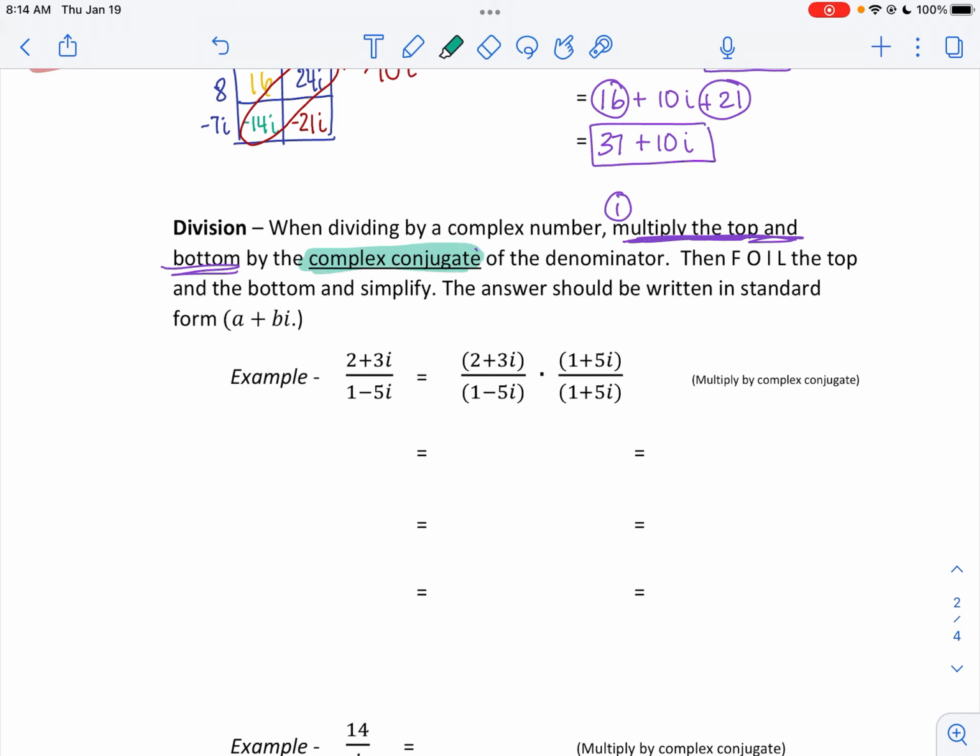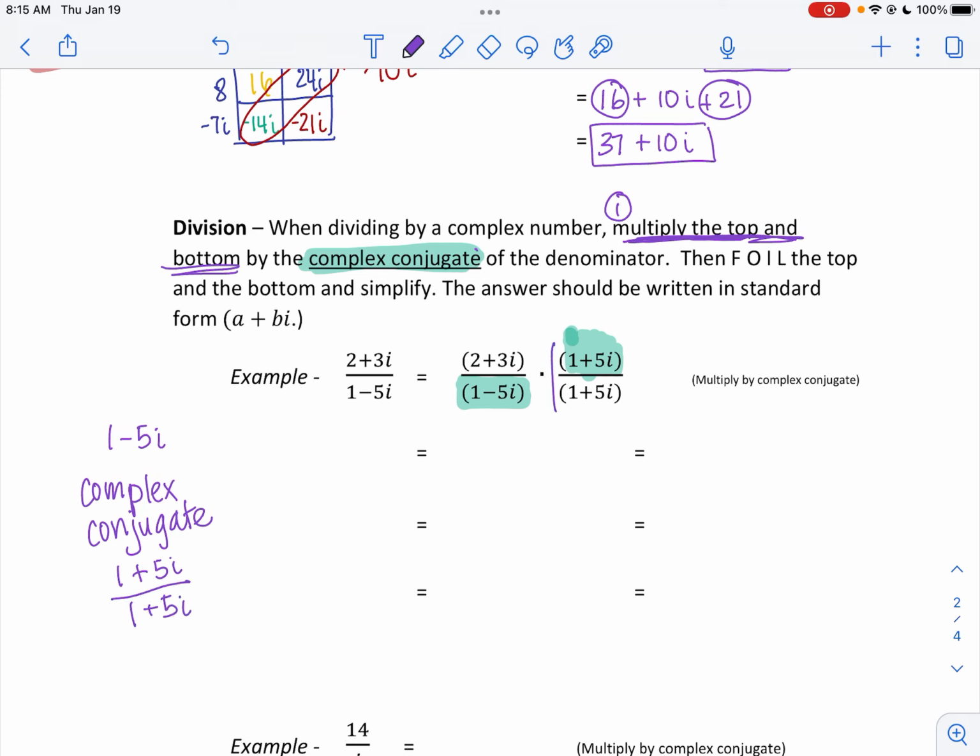The complex conjugate is basically the same terms, but with the opposite operation. So what's given to us is 1 minus 5i. The complex conjugate would be 1 plus 5i over 1 plus 5i.